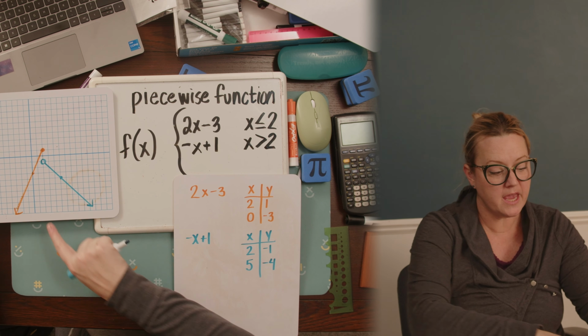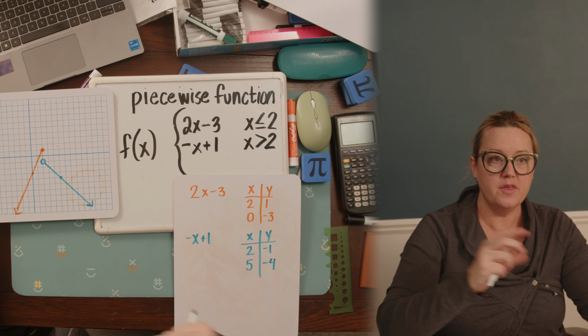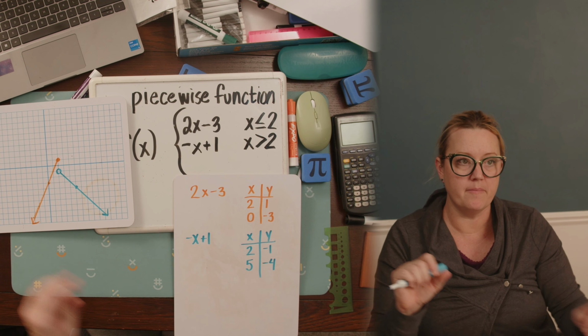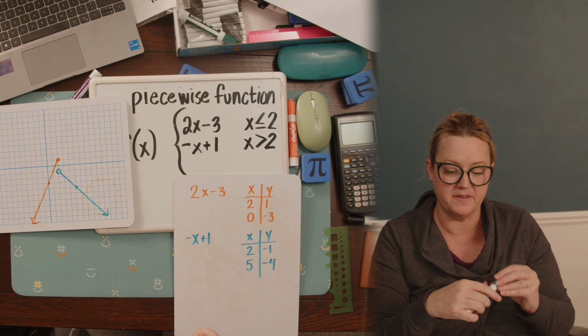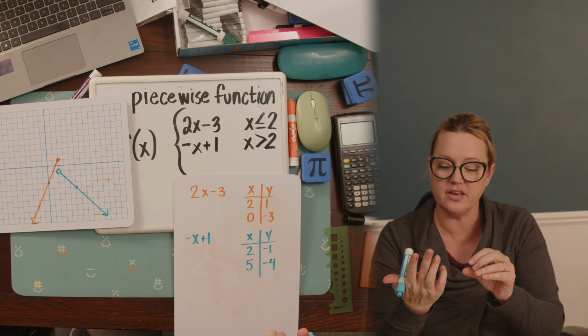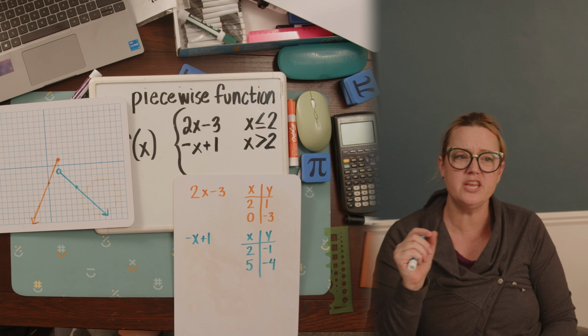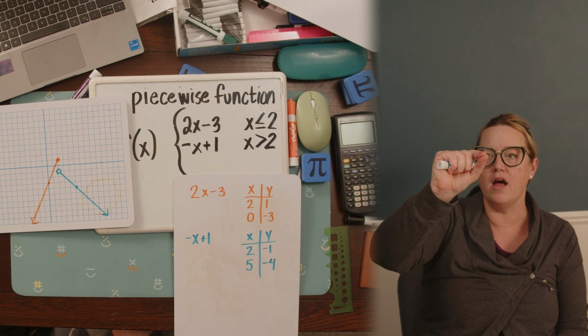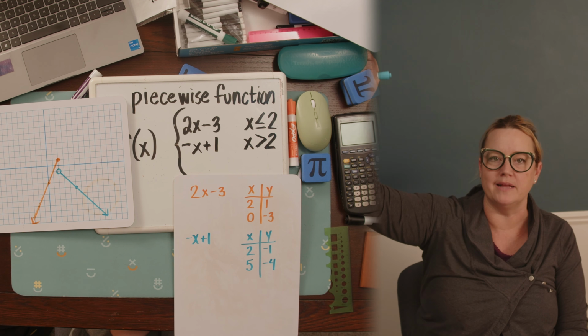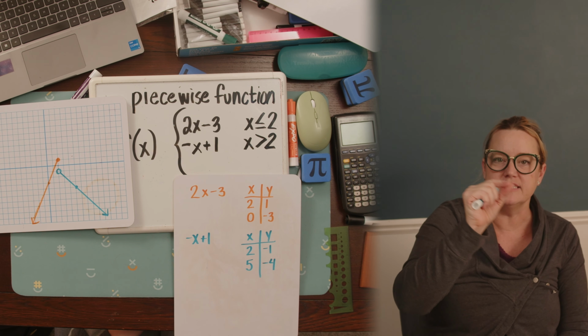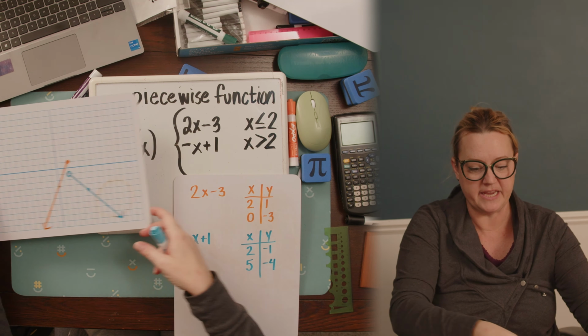Now there's another piece that your teacher might talk about, which is whether it's continuous or non-continuous. The easy way to think about that is if it's continuous, you can draw it without lifting up your pencil. So that would be a continuous piecewise function.